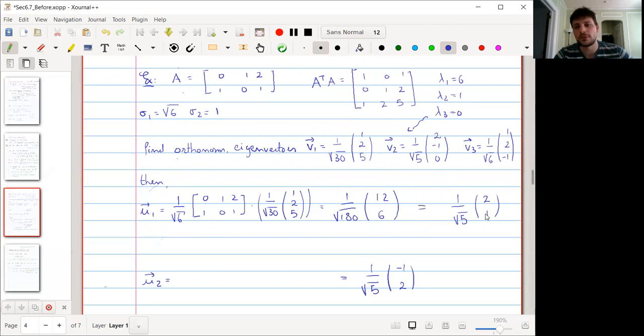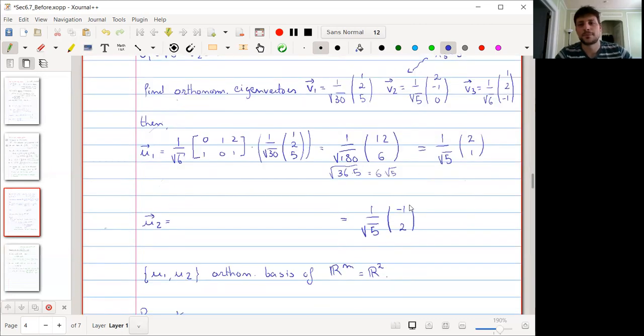If you simplify this out, 180 is 6 times the square root of 5. That seems right, because it's 36 by 5. And so you get 1 over root of 5 times (2, 1).